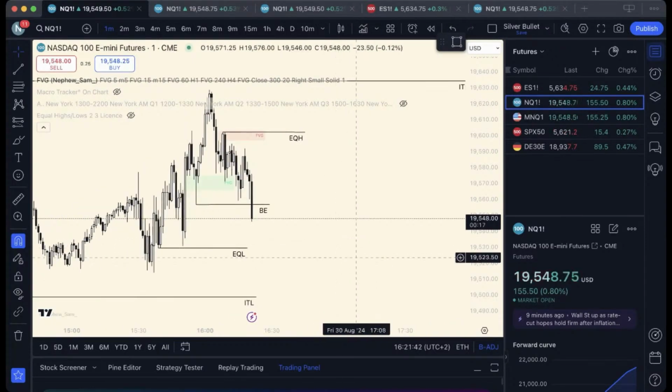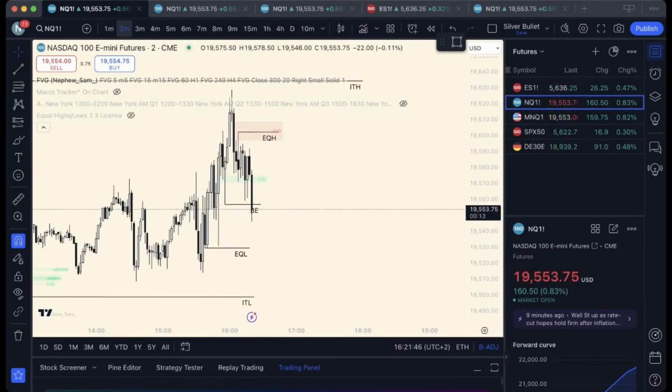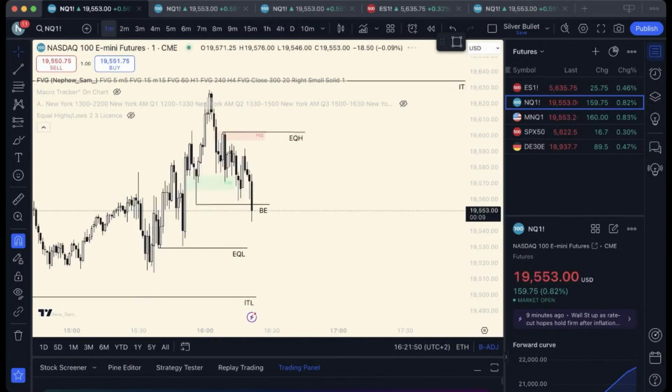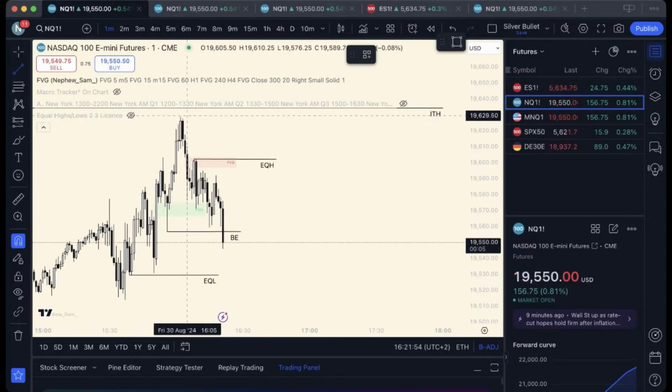Okay, nice. So let's hope those equal lows get taken out. And here we have nice low resistance liquidity.